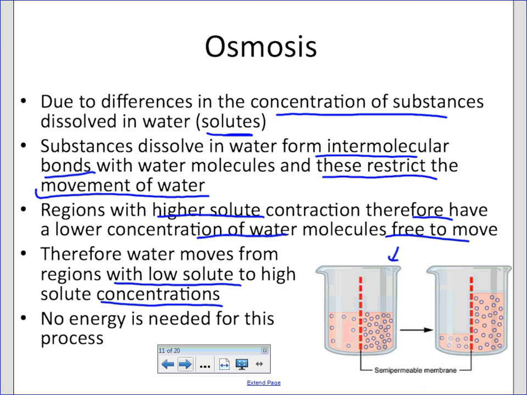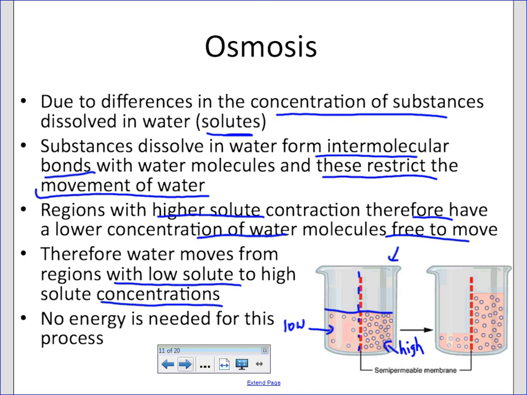So if we start with this semi-permeable membrane where we have equal volume of water, on one side of the membrane we have a high concentration of solutes, or just substances dissolved in water. On the other side, we have a low concentration of substances dissolved in the water.